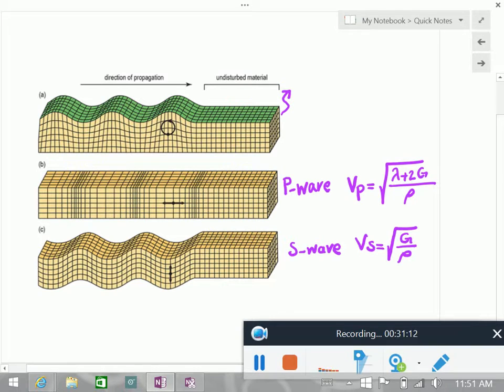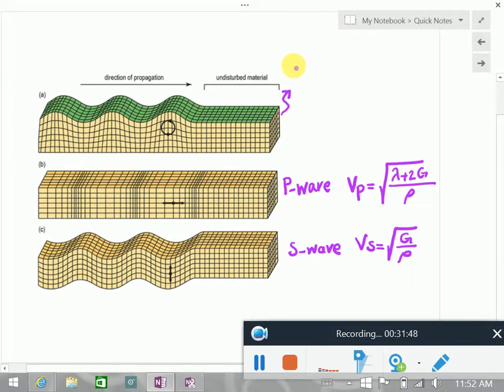Now, how about this one, the one on the top? What type of wave is this? Surface wave. So far, we looked at one-dimensional longitudinal waves and at bulk waves inside three-dimensional space. We haven't really looked at what happens at the boundaries, but this is giving you a flavor. If we have a free boundary, we have other kinds of waves. One of them, which is very important, is the surface wave.